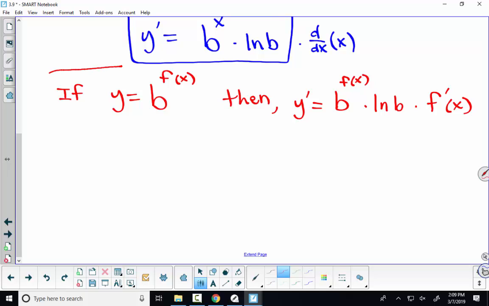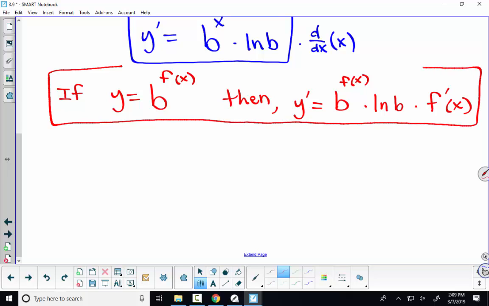That's the one we want to remember, because it's more generic.